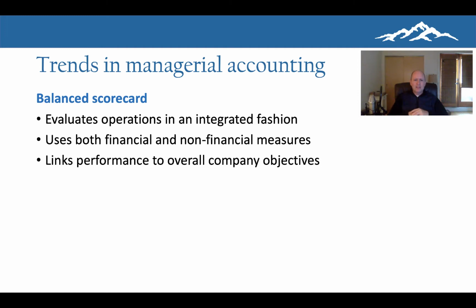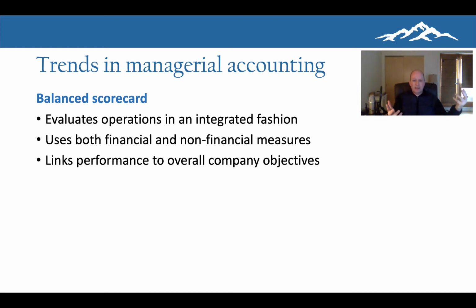But your book mentions balanced scorecard. This has been around for a while too, but you'll still hear the term bandied about. And what a balanced scorecard does is it tries to evaluate your operations, and it tries to do that in an integrated fashion. So you don't just have financial statements sitting here, managerial accounting reports sitting here, HR reports sitting here, sales reports over here, right?